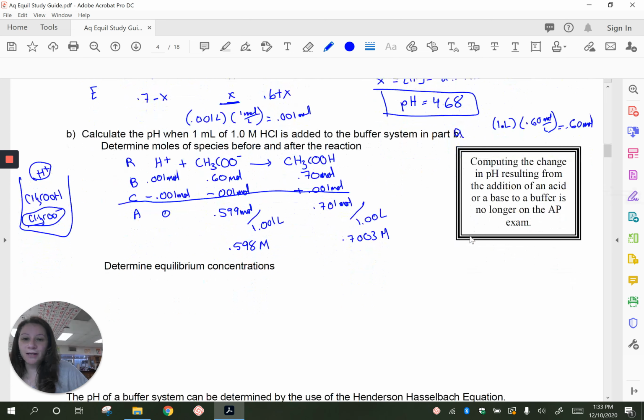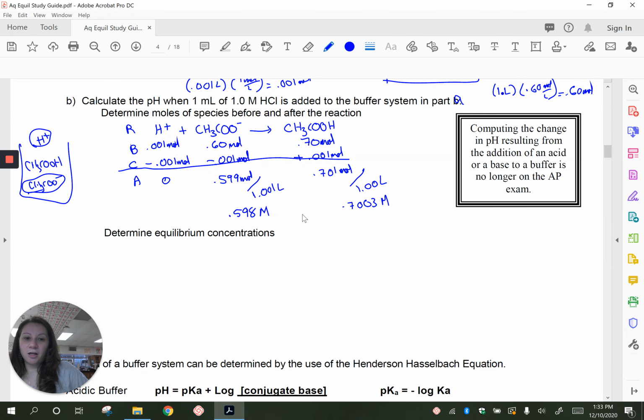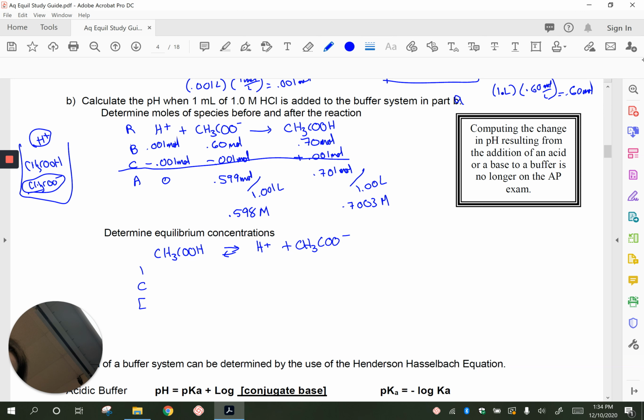So now, again, I'm left with a buffer, a weak acid and its conjugate. I want to find the pH for that, so I'm going to do an ice chart for the dissociation of my weak acid. CH3COOH partially dissociates into H plus and CH3COO minus. We'll do an ice chart because that's an equilibrium.